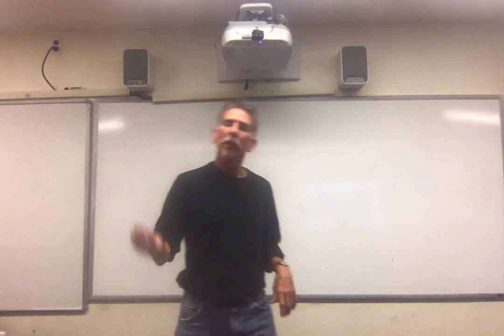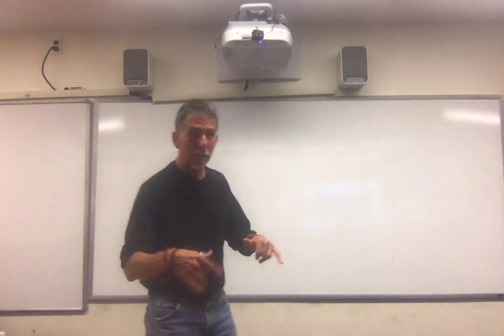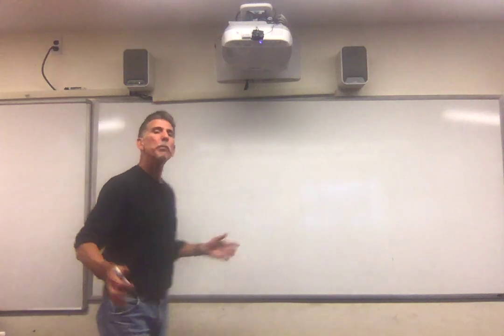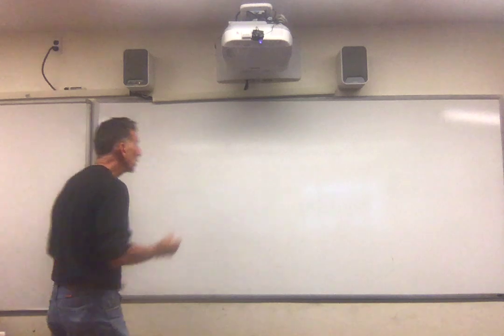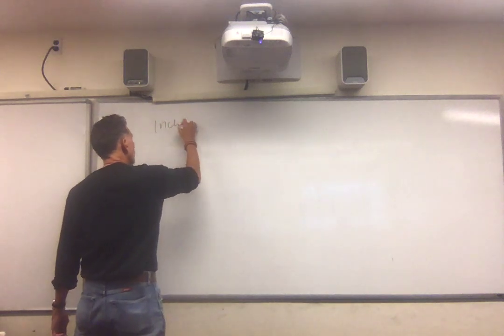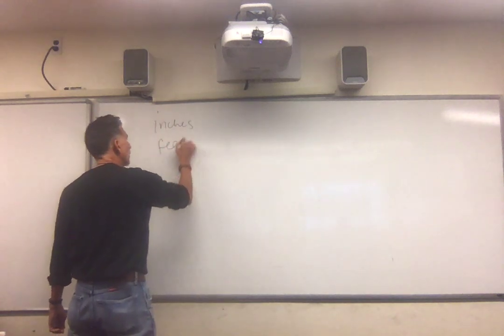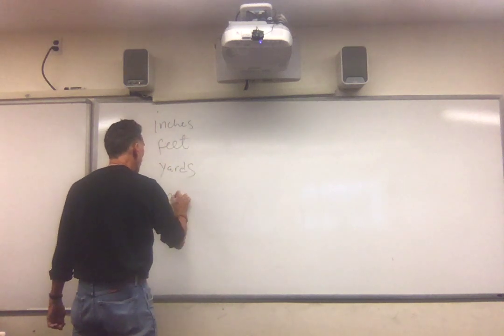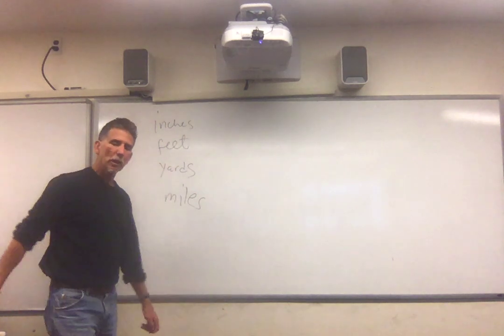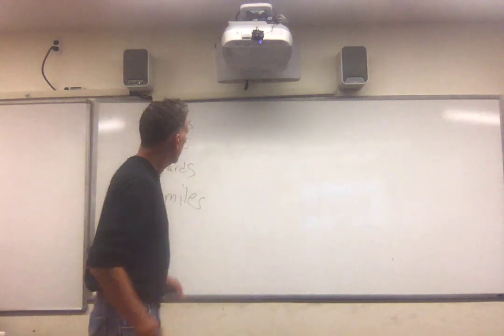Okay? Now, in the United States, or more specifically here in Brooklyn, what do we measure distance in? Well, there's a bunch of units we can use for distance. Everybody knows about inches and feet and yards and miles. Oh, great units, so fantastic. Well, let's look at it.